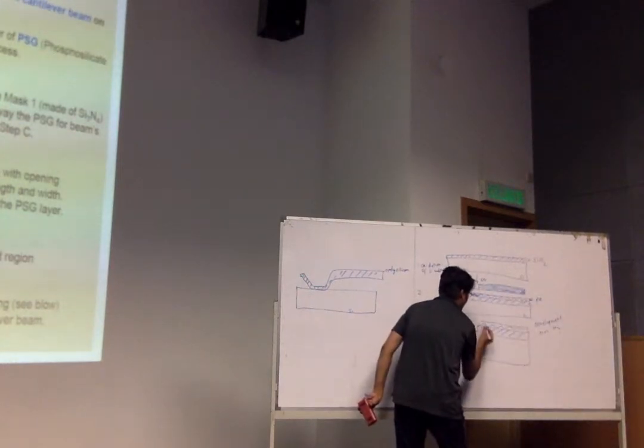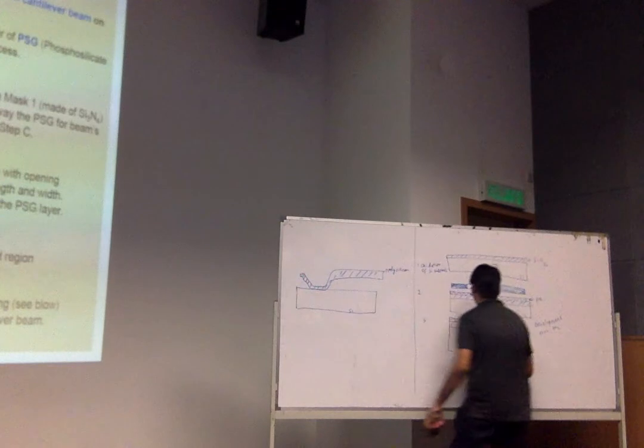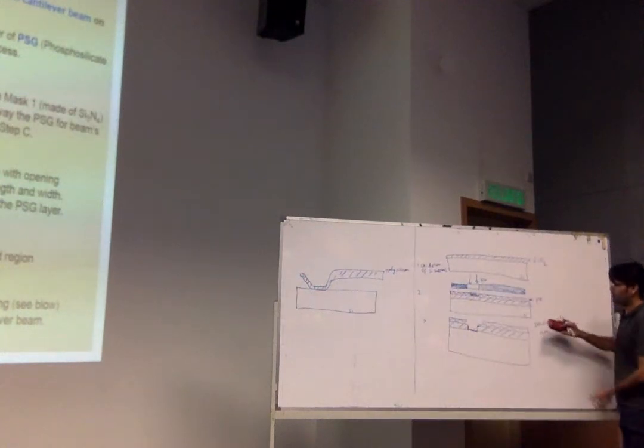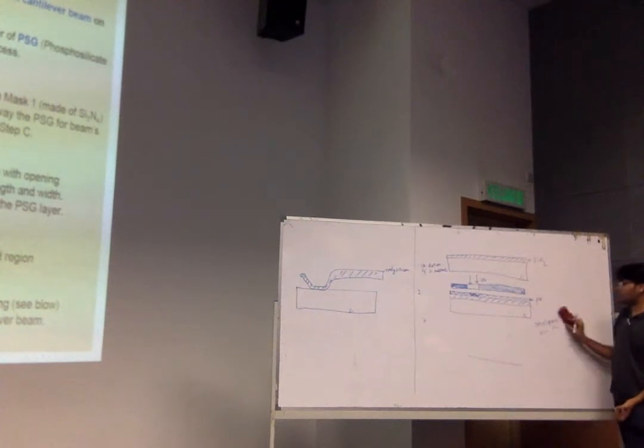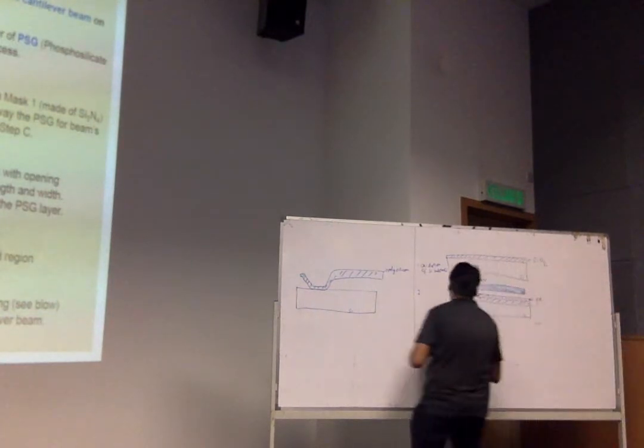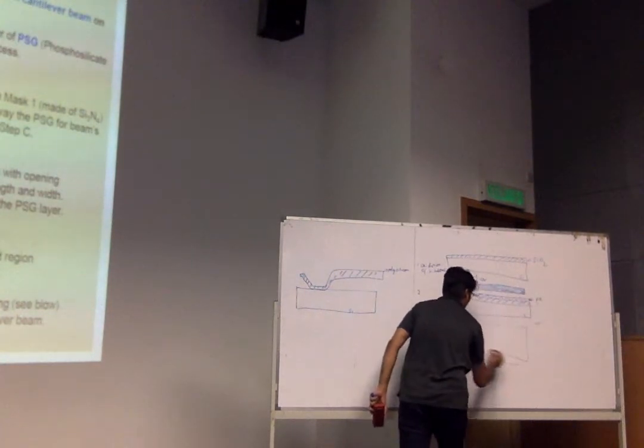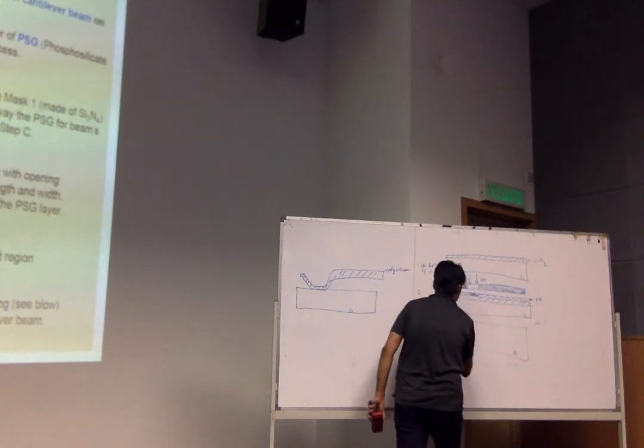So I make a cavity. There is a space, and then later on, say I remove the photoresist also. So finally, after the etching and development of the silicon dioxide, we will end up with the silicon substrate with the silicon dioxide of this shape.